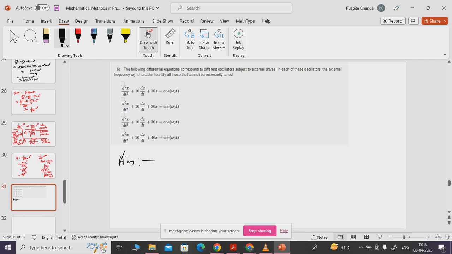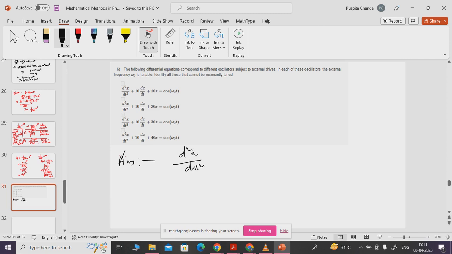So question number 6, which of the following differential equations correspond to different oscillators subject to external drives. In each of these oscillations, the external frequency omega naught is tunable. Identify all those that cannot be resonantly tuned. Okay, it is the same as some previous question.